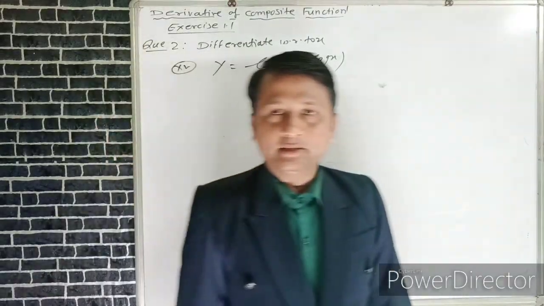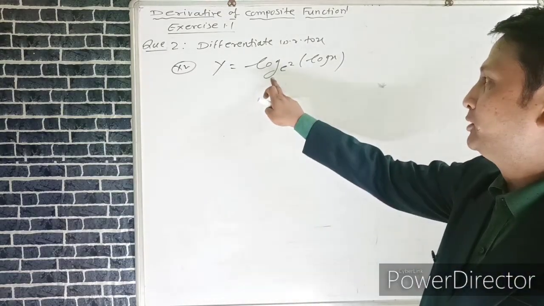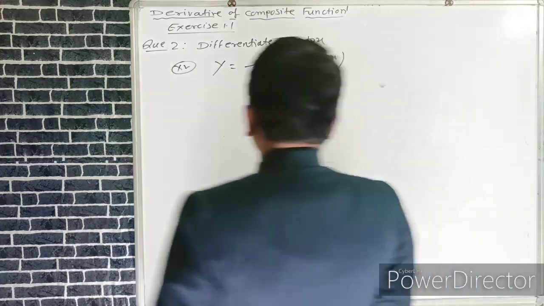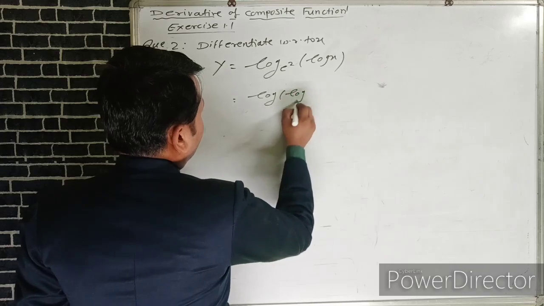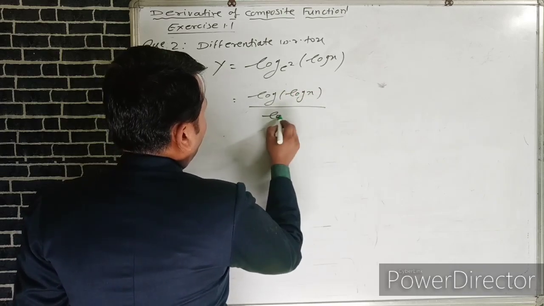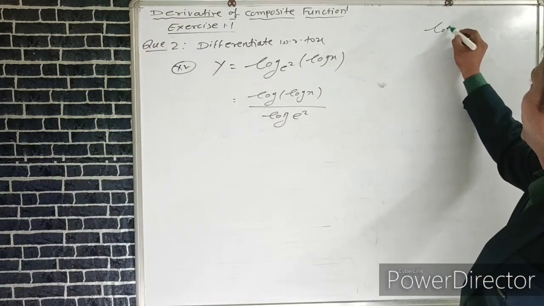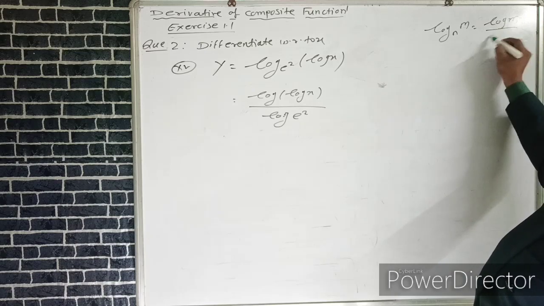If we differentiate this function, first we simplify it. If the given function is log x base e square, then we can write it as log x upon log of e square, by using the rule log of m base n is equal to log m upon log n.